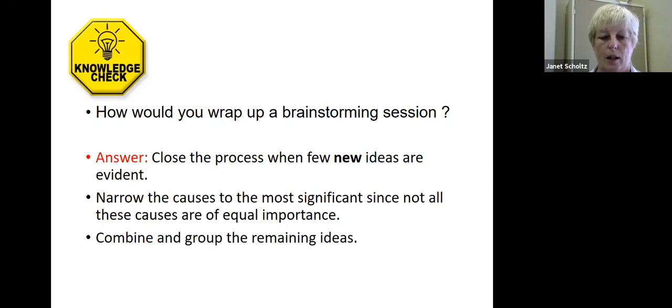And we combine and group the remaining ideas. And then out of those, we're going to be able to find which ones are the most appropriate causes, or if we were doing brainstorming in the solution phase, then we would be finding the best solution. So brainstorming can happen at different parts of the root cause process.